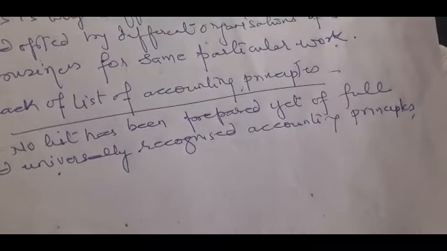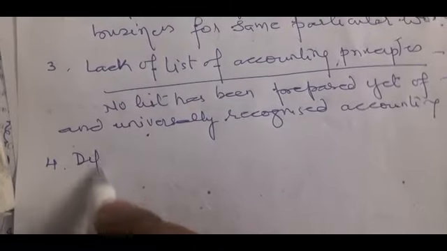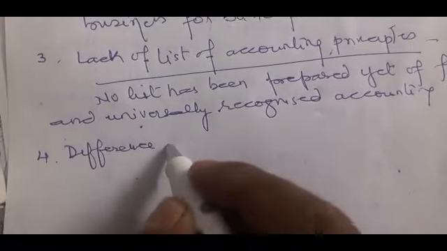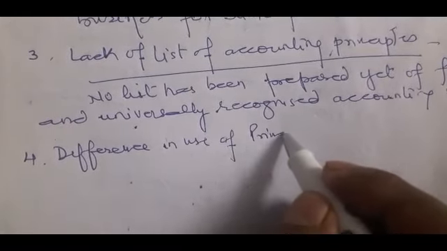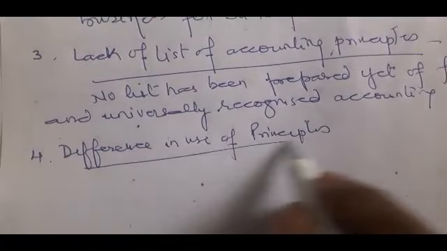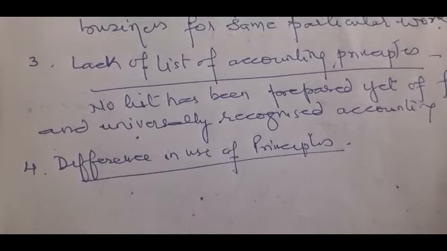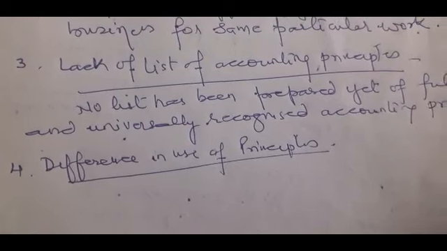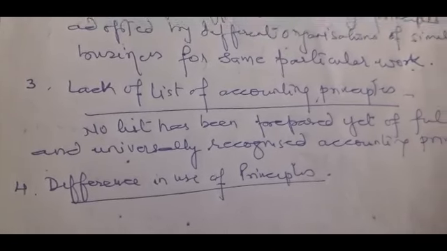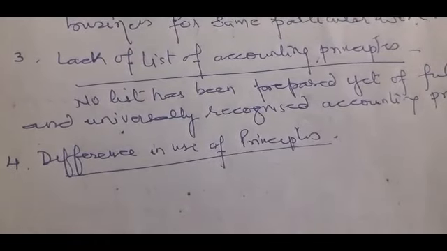Number 4 is difference in the use of principles. Different organizations adopt different principles for the same problems. We can take an example: when we charge depreciation on an asset, depreciation is the decrease in the cost of an asset.